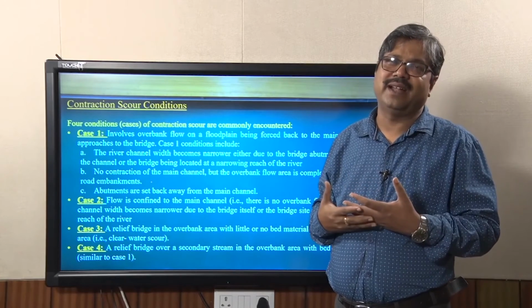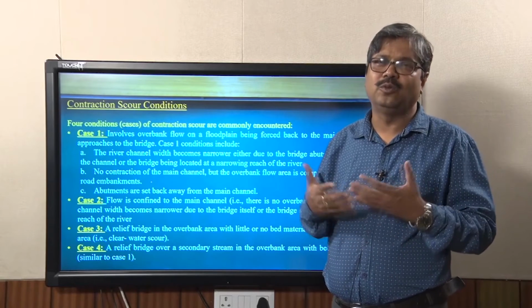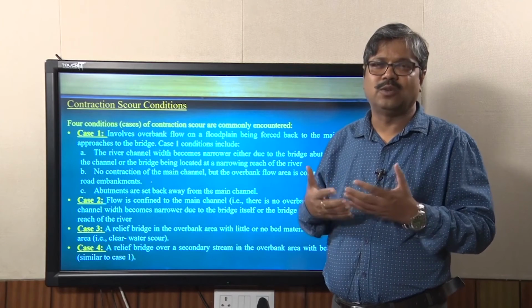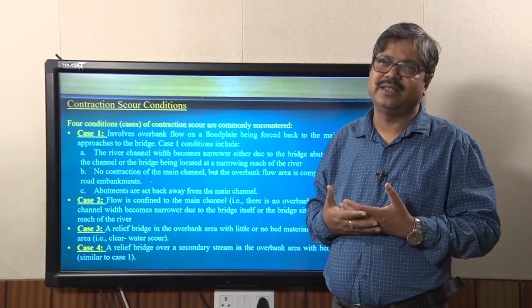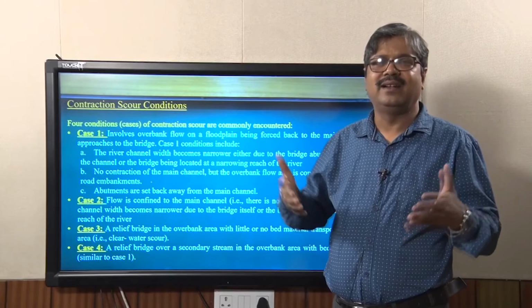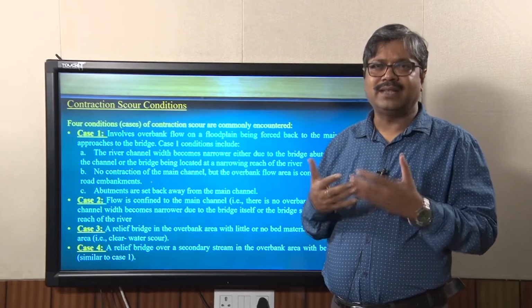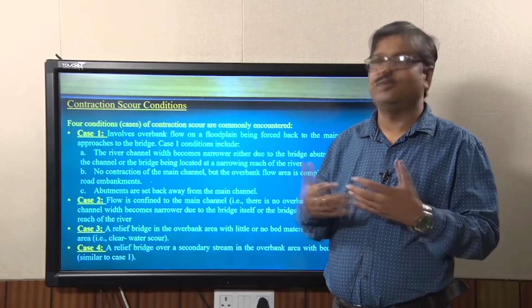A very rough idea is that the bankfull discharge of a river is about the 2-year return period discharge. So when you have a 100-year return period discharge, this discharge is carried in the channel as well as in the floodplain. That is the reason for the type of constriction we are doing.